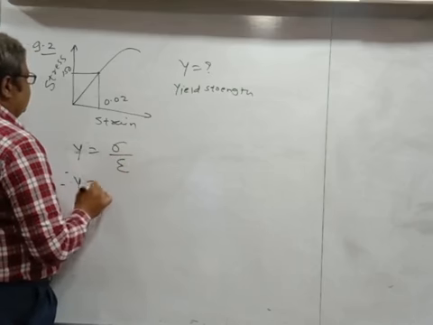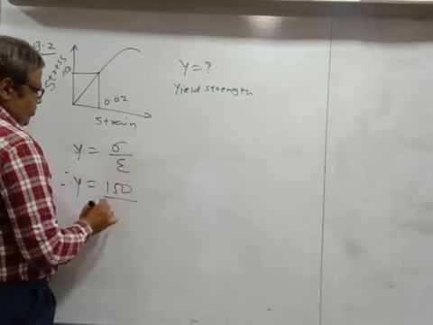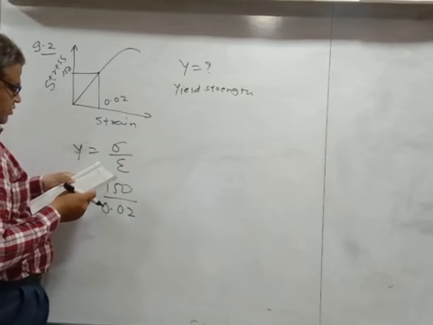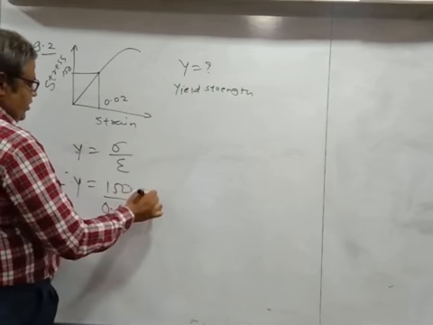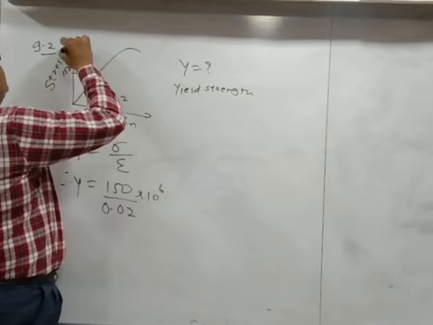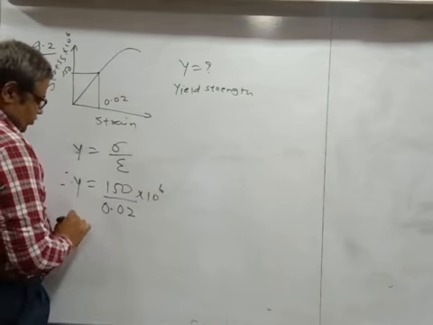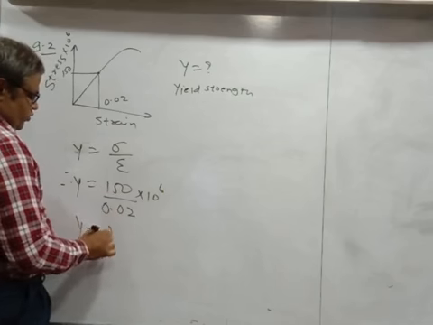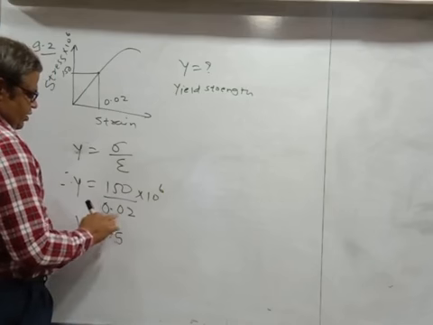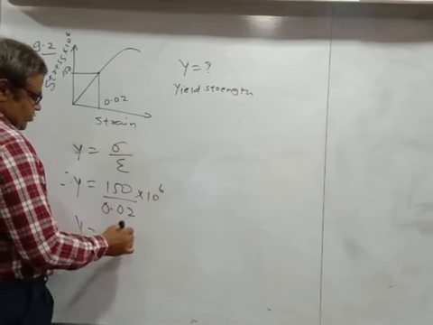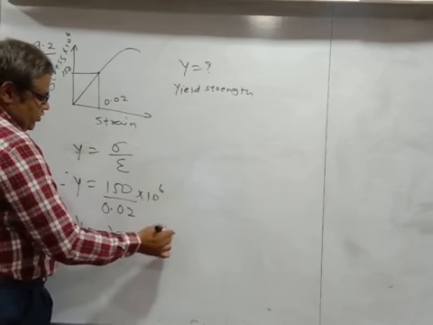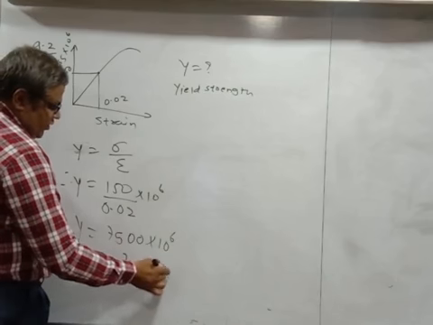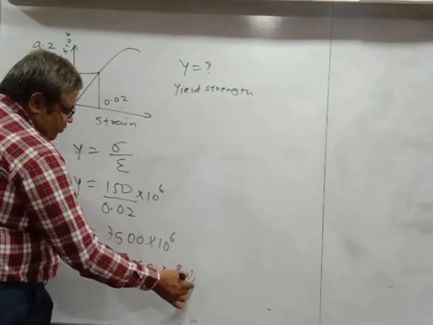So Young modulus is equal to 150 divided by 0.02. But here stress into 10 raised to 6 is given. So what can be done here? If you divide by 2, it will be equal to 75, and these two zeros will be there. So 0, 0 into 10 raised to 6. So here Young modulus will be equal to 7.500 into 10 raised to 9 Newton per meter square.